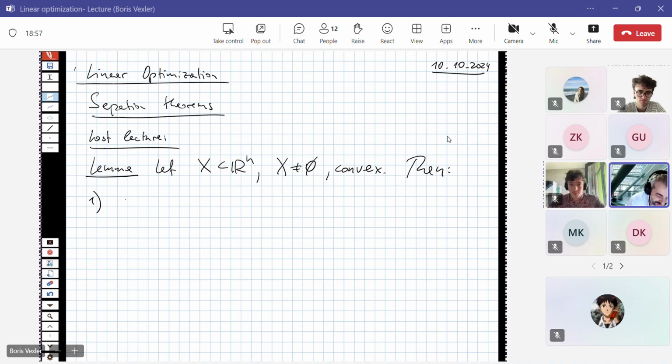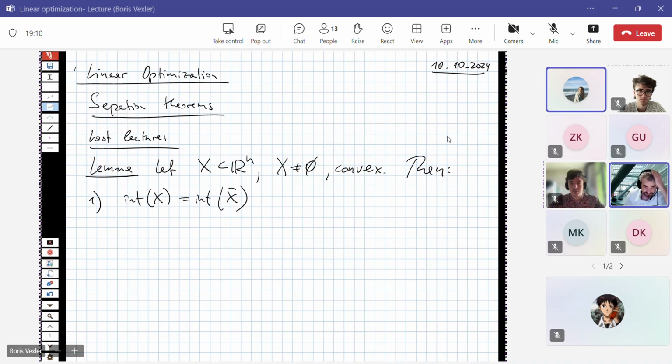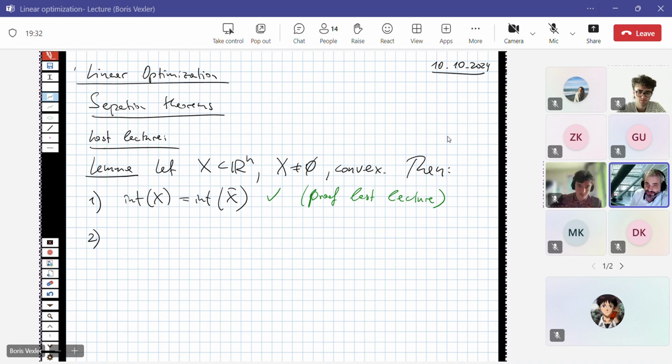First of all, the interior of X and the interior of X bar are the same. Again, I recall that this is not true for a general set X, but for a convex set, we proved this last lecture. Then we extended this statement also to the relative interior.